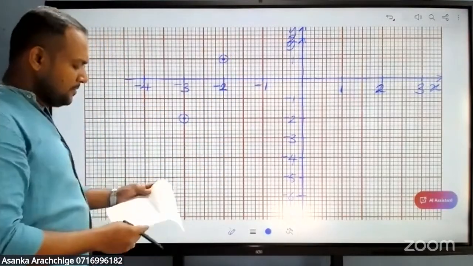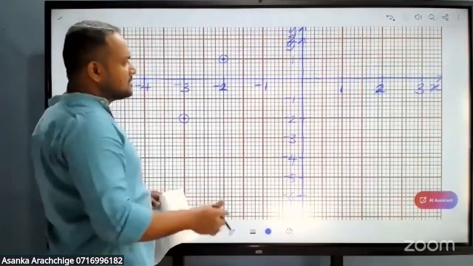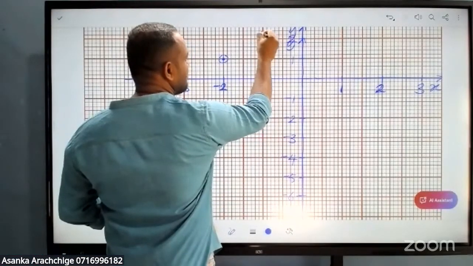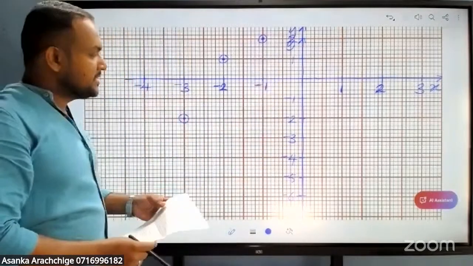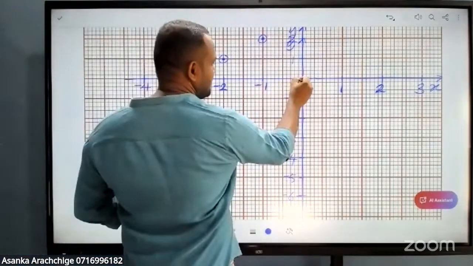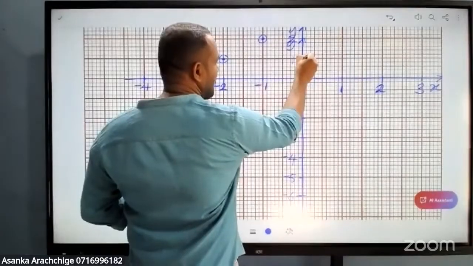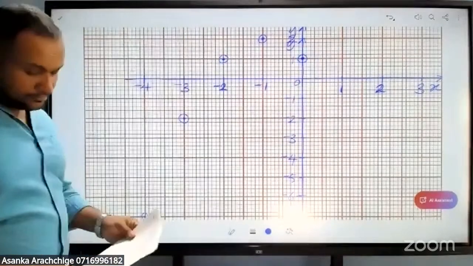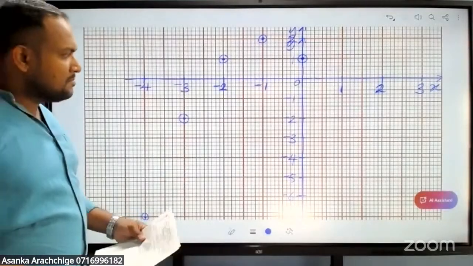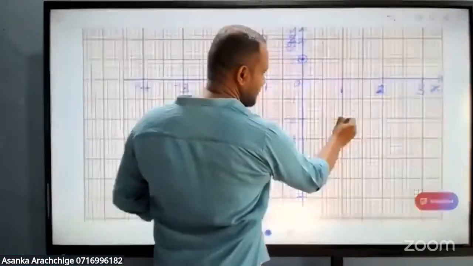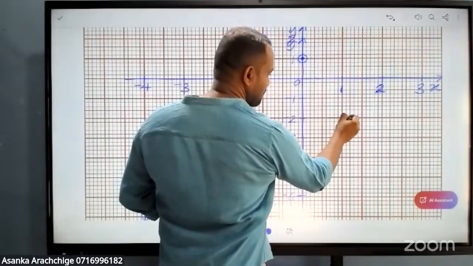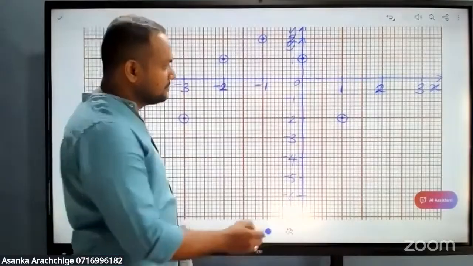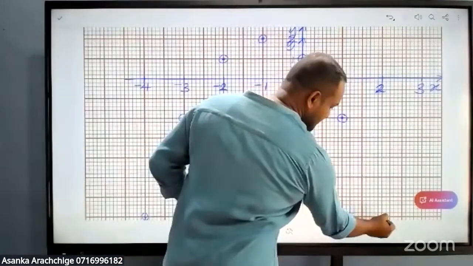Next, -1, 2. Then 0, 1. This is 0 and this is 1. Then 1, -2. And the last point, 2, -7. That is 0.